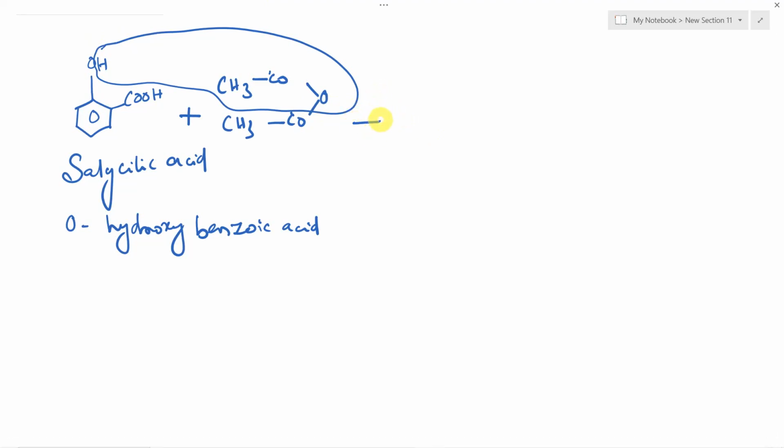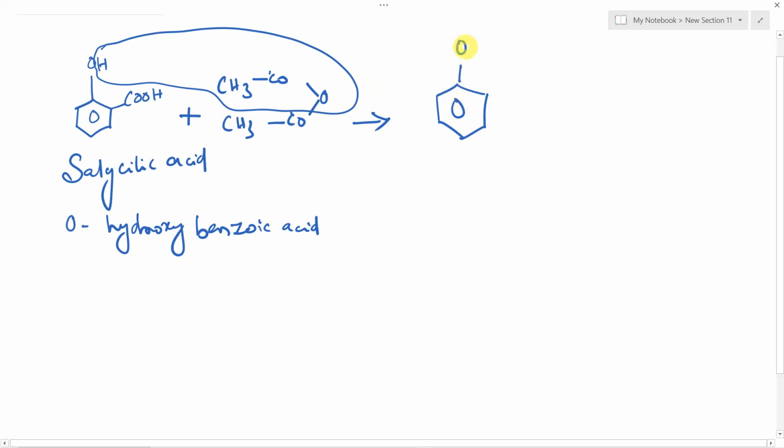So we can get O, here this one, C double bond O, CH3. Here as usual COOH will be there. So this group is called acetyl group, right?